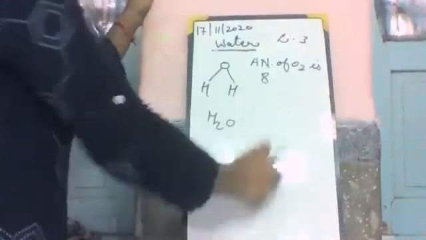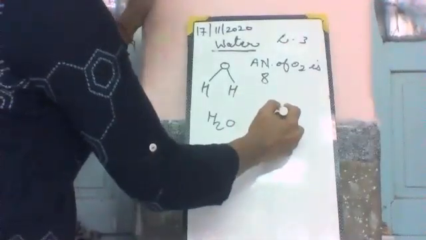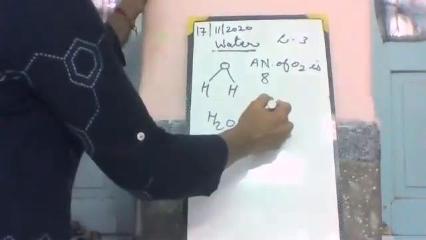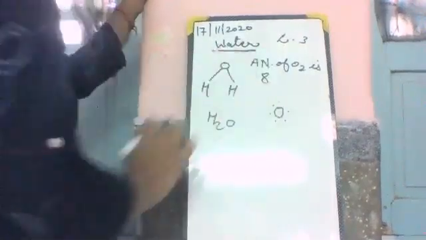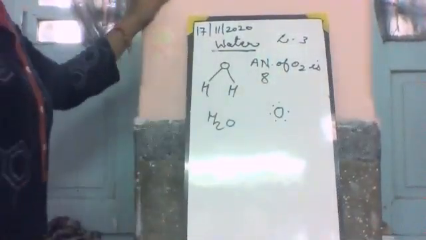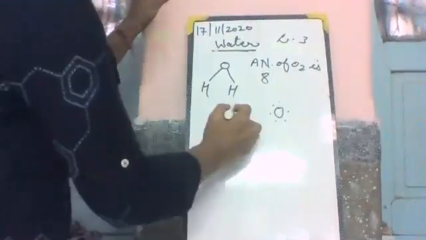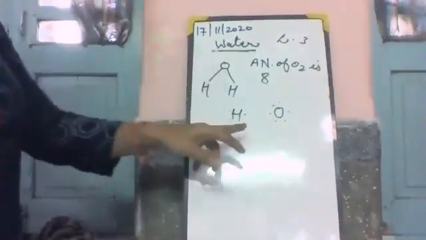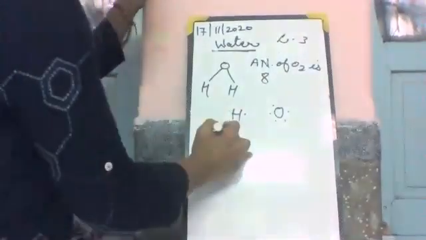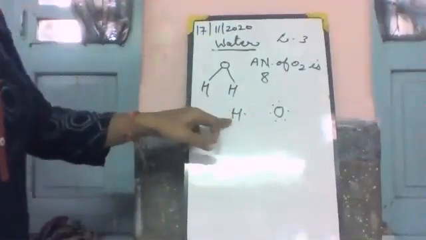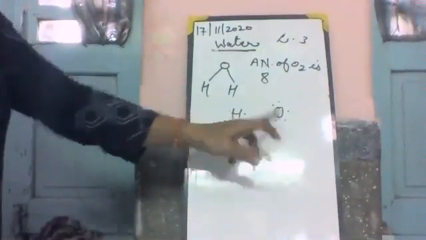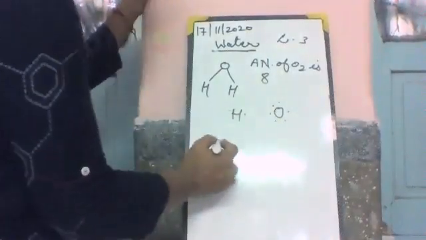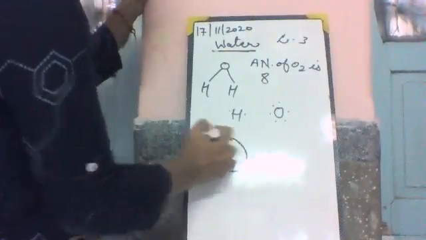So what does oxygen do? This is the oxygen and it has 1, 2, 3, 4, 5 and 6 electrons in its outermost shell. And in hydrogen there is only 1 electron, so it requires 1 electron. Hydrogen requires 1 electron and oxygen requires 2 electrons. To complete this, they combine together and form a structure.